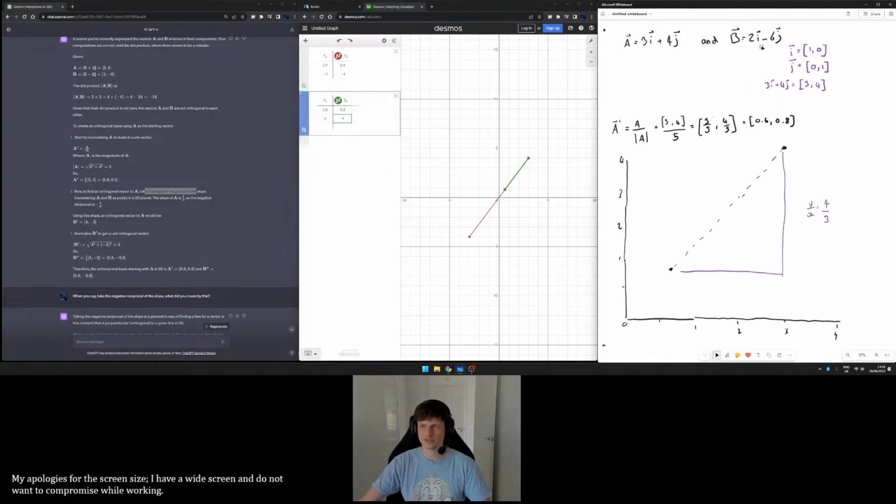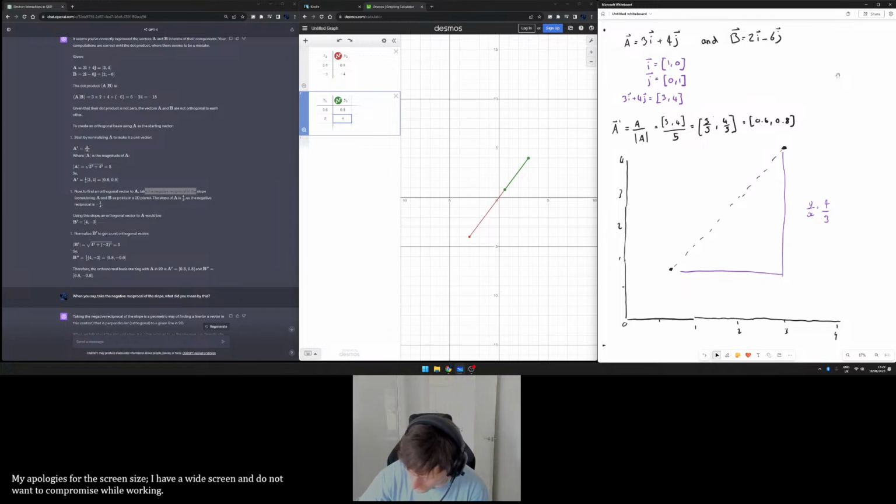Let me try and grab this over and have a little working of this. So I want to know if I go 3 times 1, 0, I equal 3, 0, right? And if I do 4 times 0, 1, I equal 0, 4.